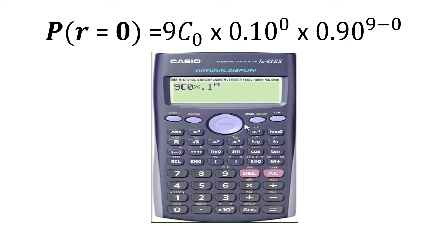Okay, and I am going to multiply that by 0.9 to the power of n minus r. Our n is 9, but we're looking for 0 marriages, which means 9 minus 0.